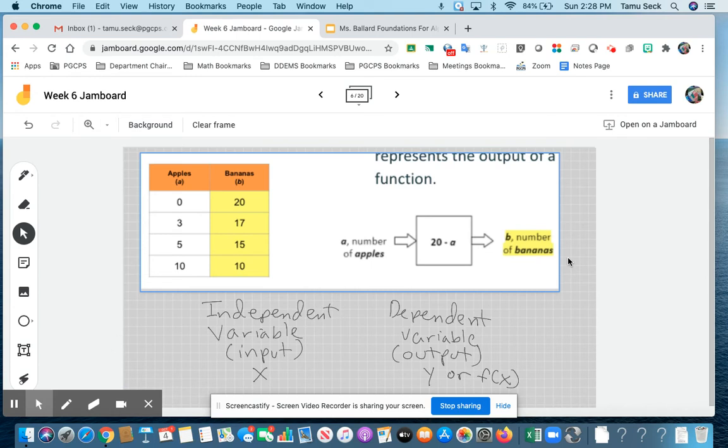The independent variable is on the horizontal line of the graph, the x-axis, and the dependent variable is the vertical line of the graph.